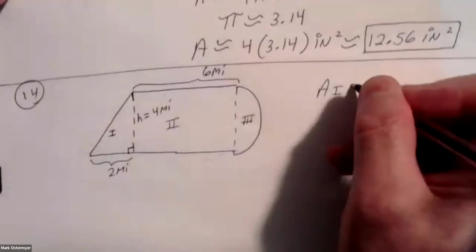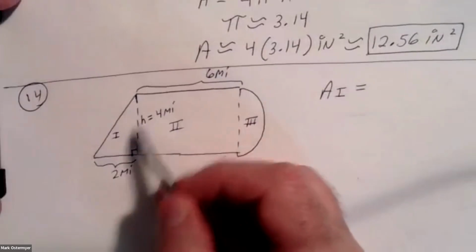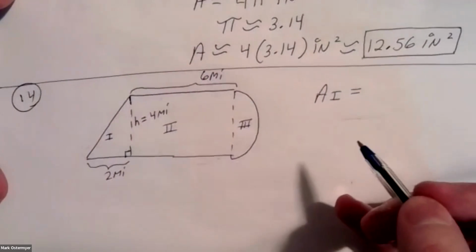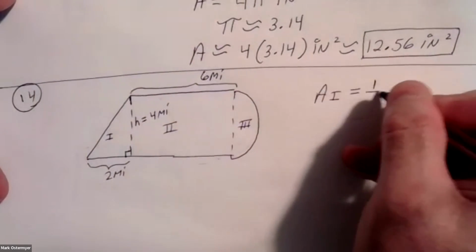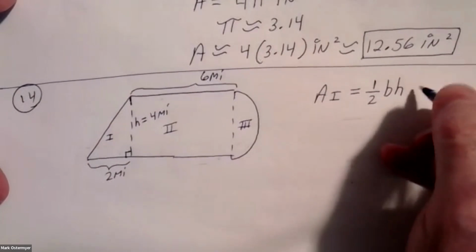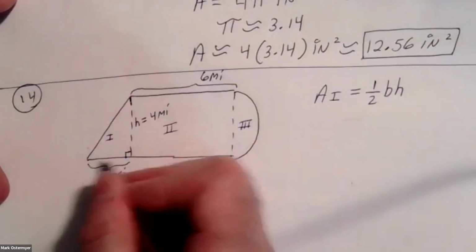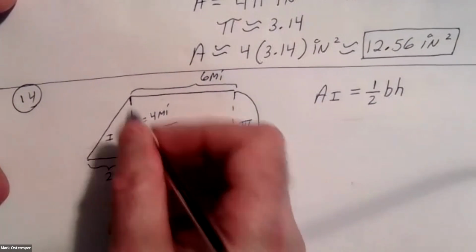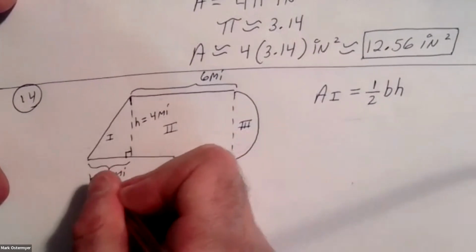All right, so ladies and gentlemen, how do I find the area of a triangle? Do you remember the formula? It really does come down to a formula. It's 1/2 times the base times the height. So what's the base of this triangle? Well, if we call this the height, this would be the base, 2 miles.